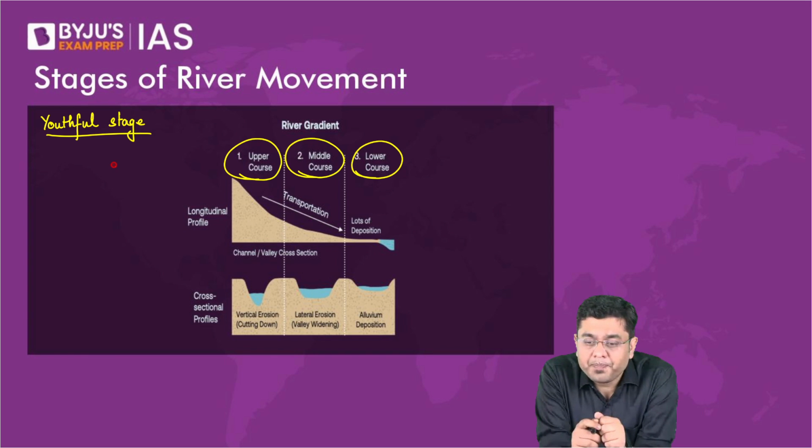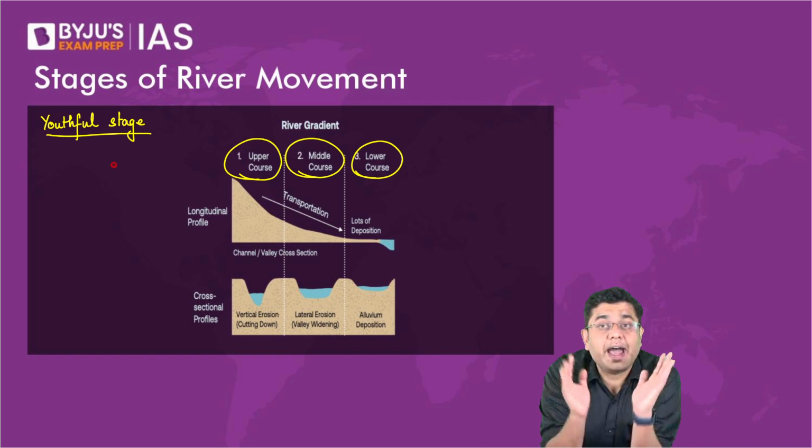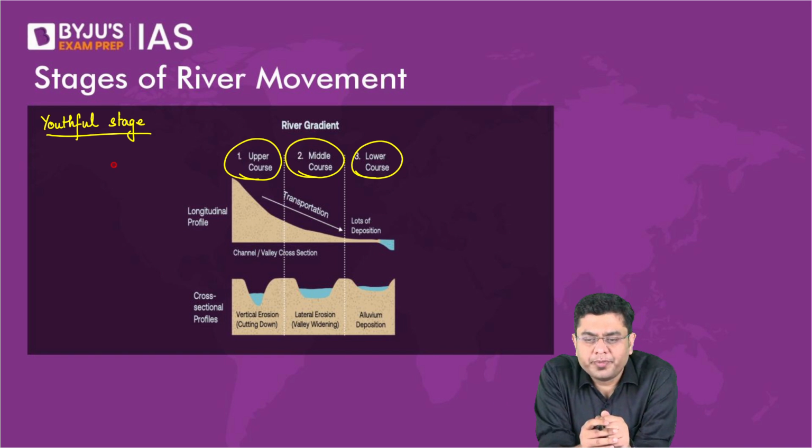Very, very high, correct? Now, if you have ever observed a river in the mountain, is it very wide or is it narrow? What have you observed? The river in the mountainous region, will it be very wide or will it be narrow? Perfect. It will be narrow, very, very narrow.